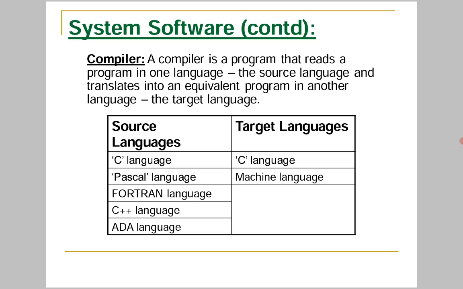Generally translators are of two types, compiler and interpreter. Both the compiler and interpreter are used to translate or convert the source program written in any high level language like C, C++, Pascal, Fortran, into object code. And the linker is another system software that is used to convert the object program into the corresponding executable program.